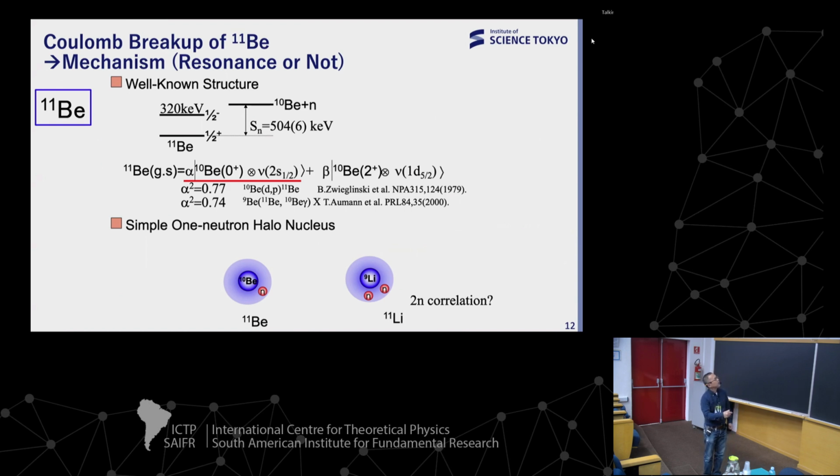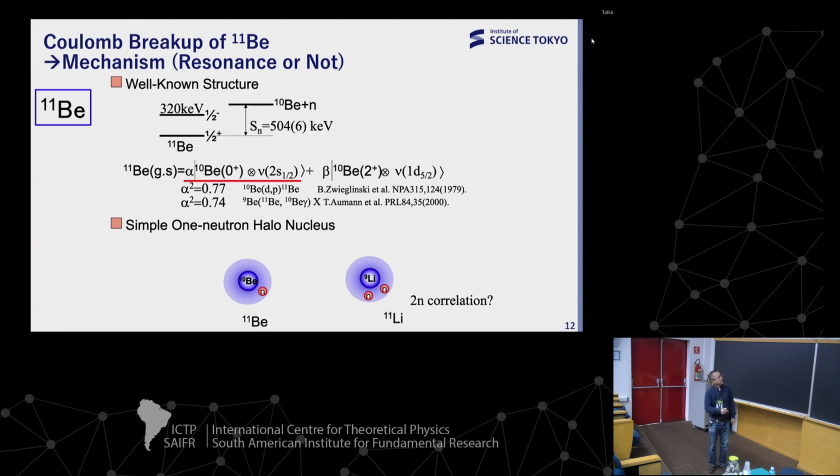But anyway, they could measure (d,p) reactions to extract this component, which we call the spectroscopic factor. They got 0.77, so 77% is this component. Later, the beryllium-11 one-neutron removal cross-section was measured, as I think I showed yesterday, and they got 0.74.